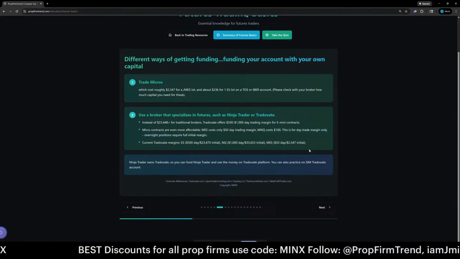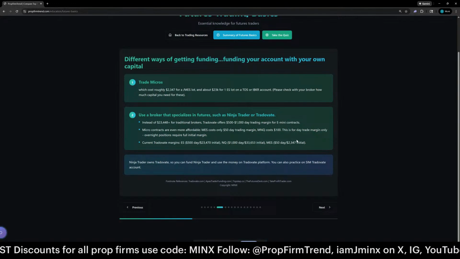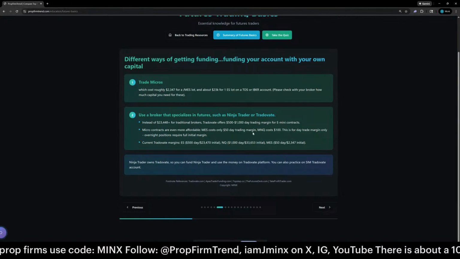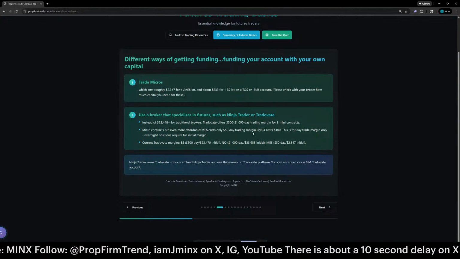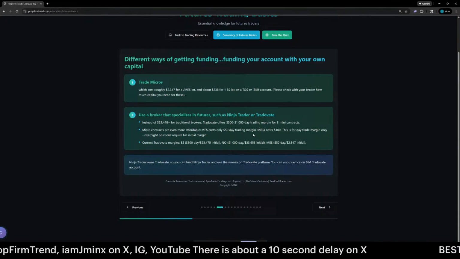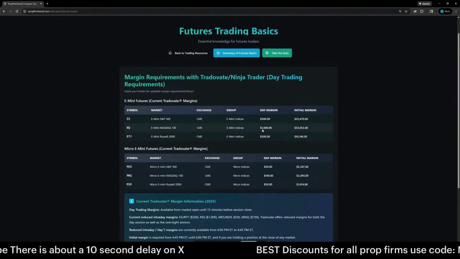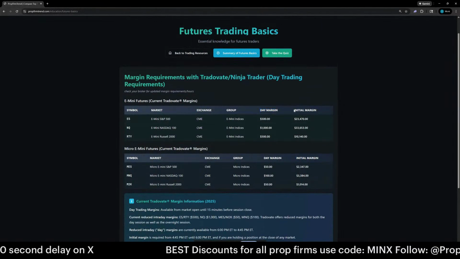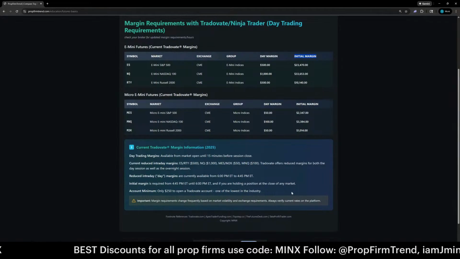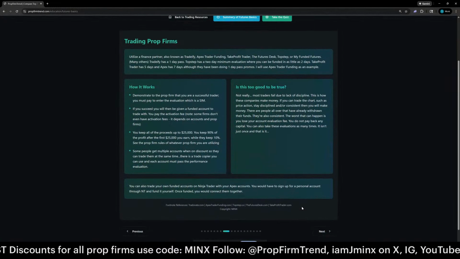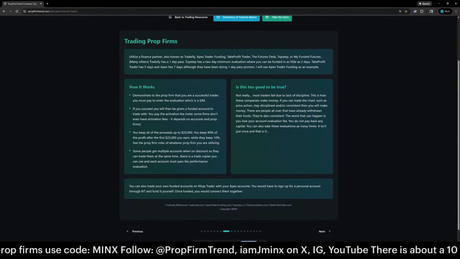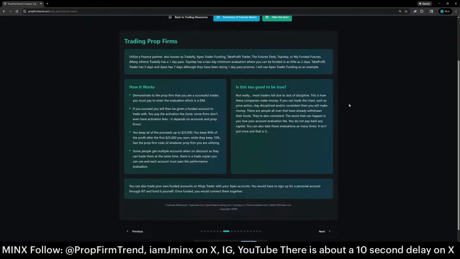NinjaTrader or Tradovate, they have their own intraday margins. So these are what the day margins are, and this is what initial margin is. You can go over all of this, and then also moving into the prop firms, how you can trade prop firms.